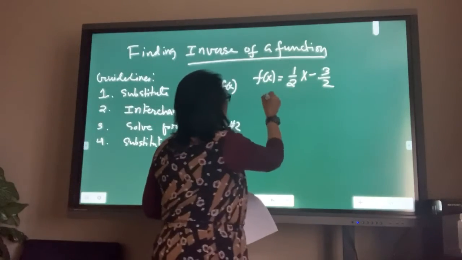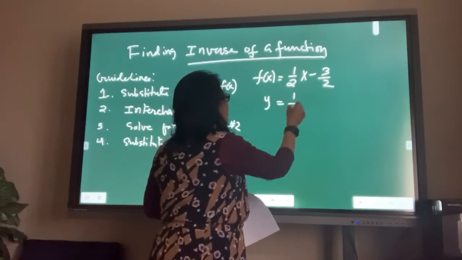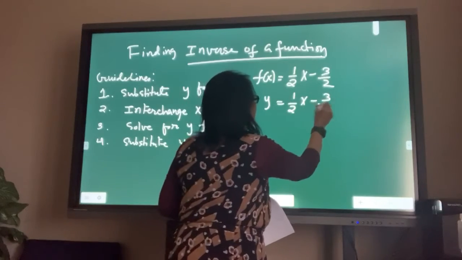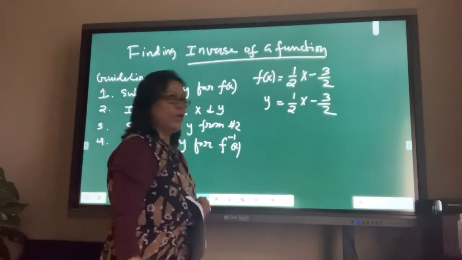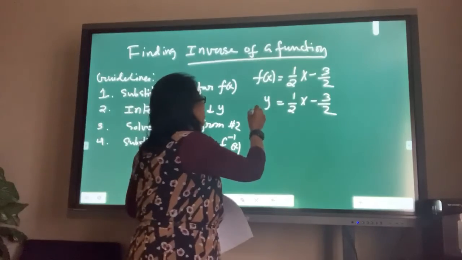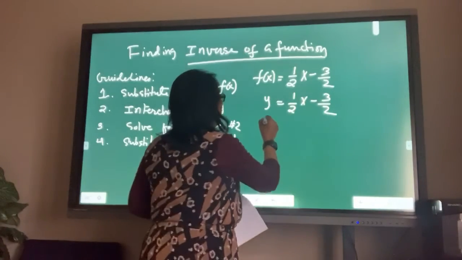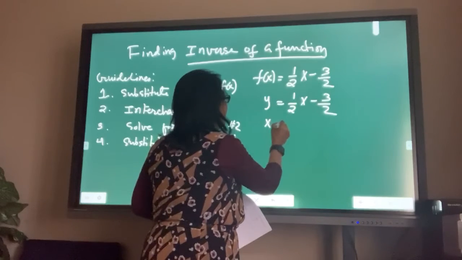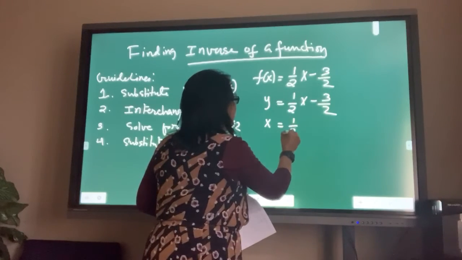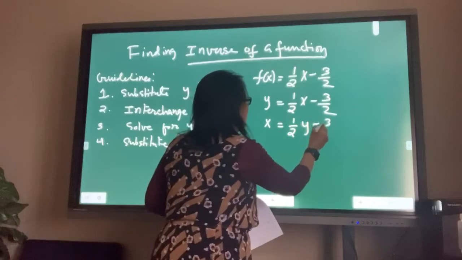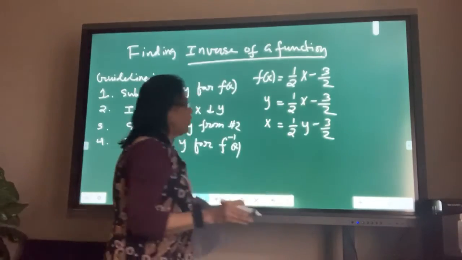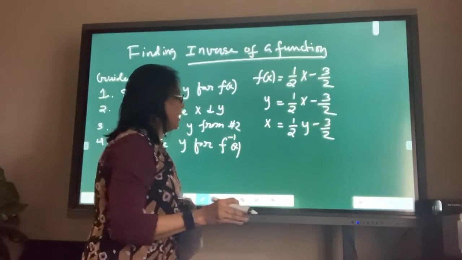So let's say y equals 1/2 of x minus 3 by 2. Okay, so now this will be y, and we are going to change x and y. So right now y will be x here and x will be y here, minus 3 by 2. This is the new equation interchanging x and y.